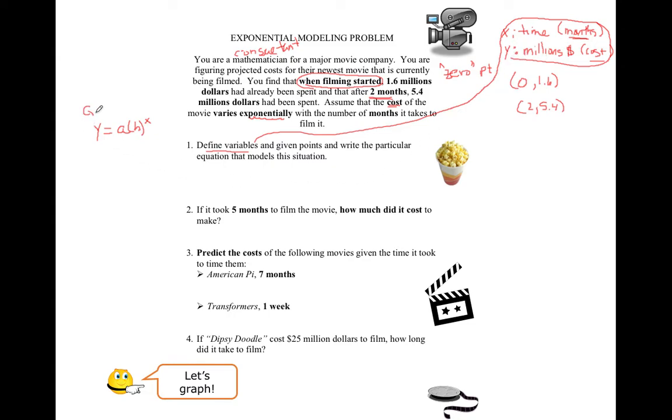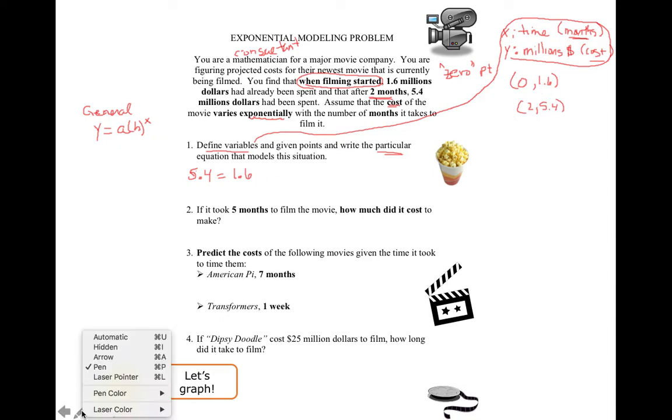This is the general exponential equation. They asked me for the particular one. What that means is use the second point along with the A value, right? When you have the 0 point, the Y value, or the new Y-intercept, is 1.6.